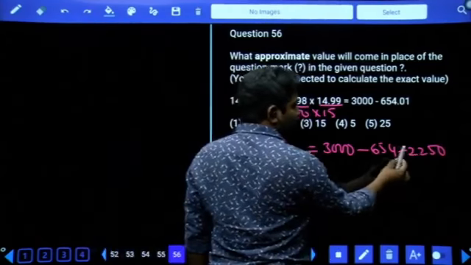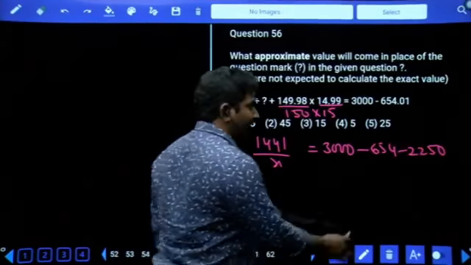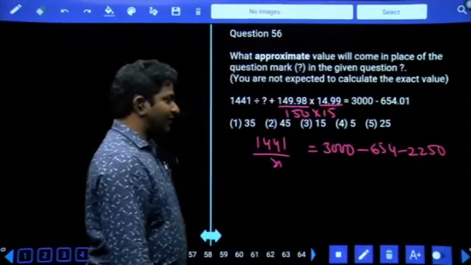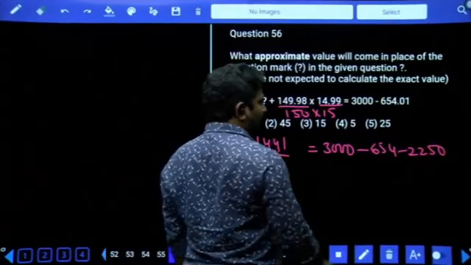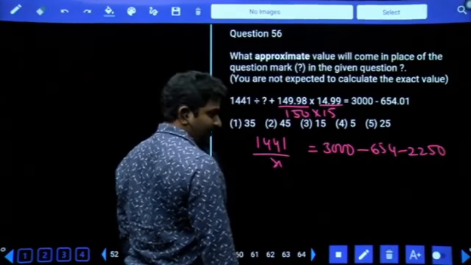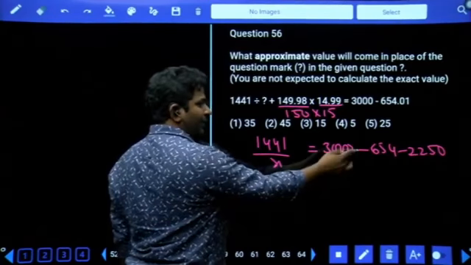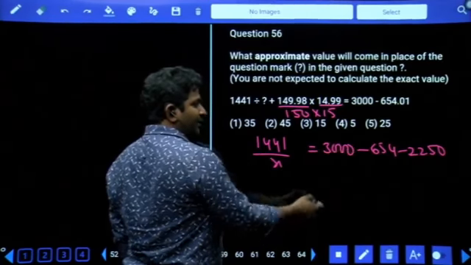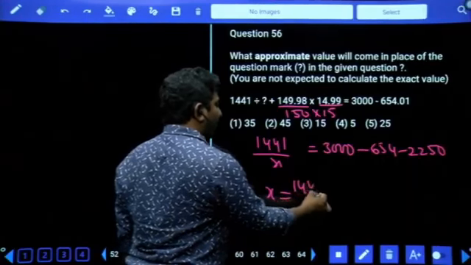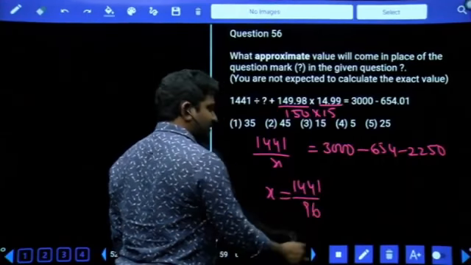So 2200 plus 600 is 2800. 2800 plus 104 is 2904. From this, if you subtract 22, 29, 04, that is equal to 96. The next value is equal to 1441 divided by 96.